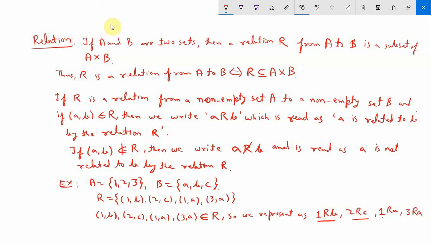So these are relations. Now if we see 2b, this is not an element of R. So we write 2, strike through R, b: 2 is not related to b by the relation R. Okay, friends. So let me clean this.